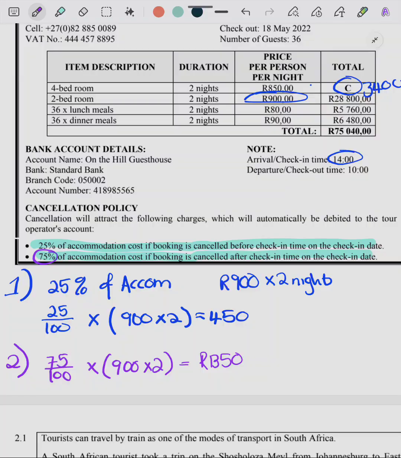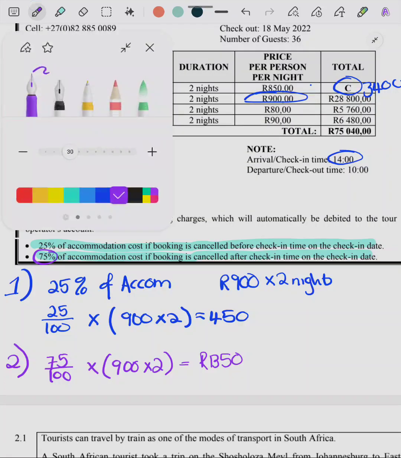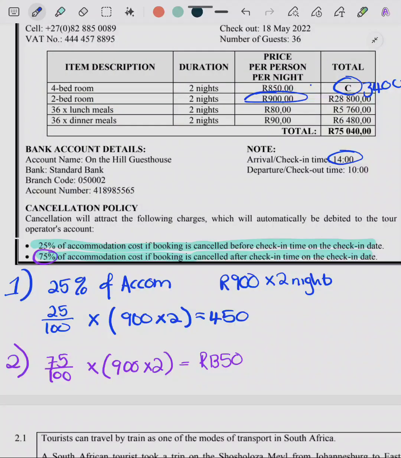Right, so this first person, let's look at the refund now because we know how much they're going to have to pay. So this first person's going to have to pay 450. So their refund is going to be 1,800 minus the 450, which is 1,350.